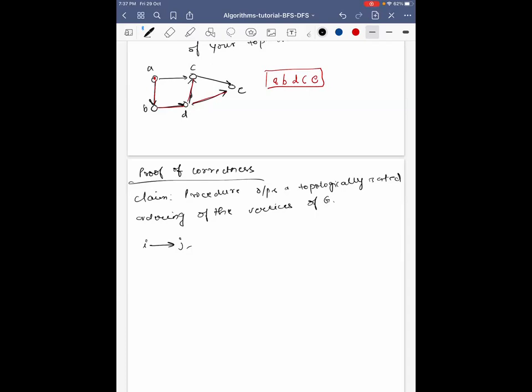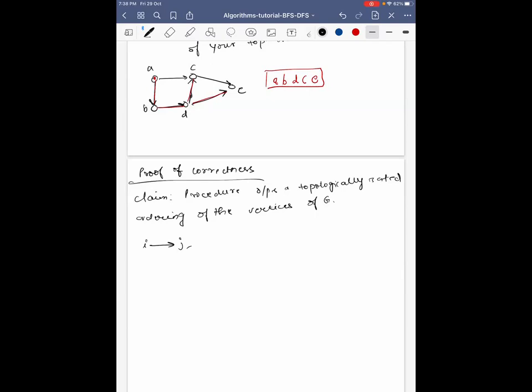Could you please repeat? See, we want to show that the ordering produced by this procedure is topologically sorted. It means given any edge, say I comma J, which is directed from I into J, we need to show that in the ordering produced by this algorithm, I will always occur before J. Yes, sir.